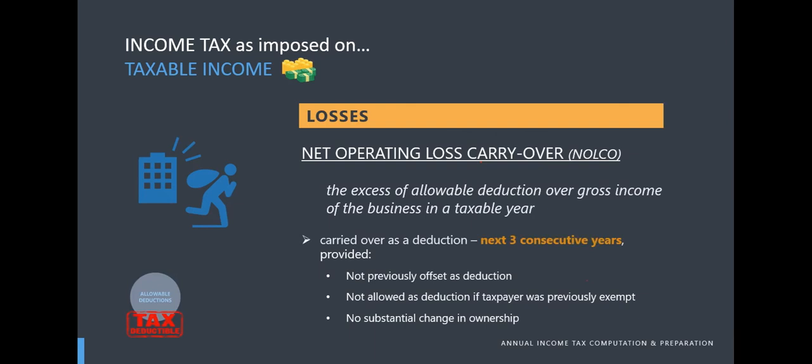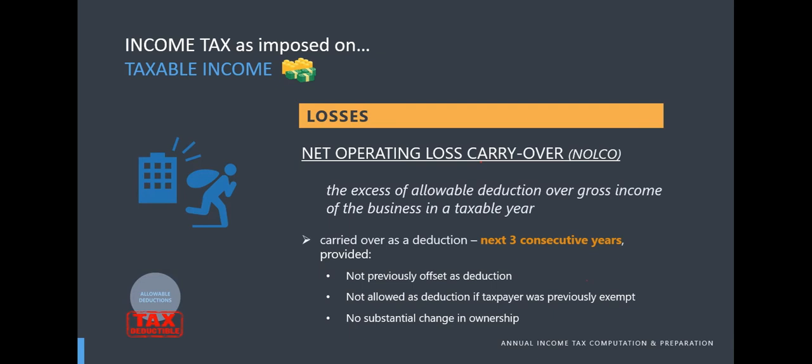Then, if the taxpayer was previously exempt from the imposition of tax, any NOLCO that the taxpayer incurred during his exemption cannot be carried over for the next 3 consecutive years.